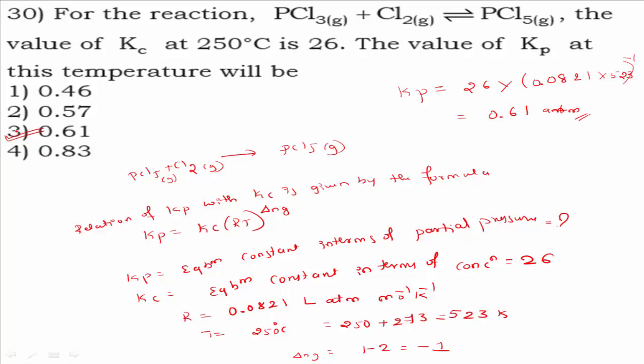This can also be calculated in another way. Take the formula Kp equal to Kc of RT to the power of delta N. We know delta N equal to number of moles of the products minus number of moles of the reactants, that is delta N equal to minus 1, where Kp equal to 26 into 0.0821 into 523 to the power of minus 1.